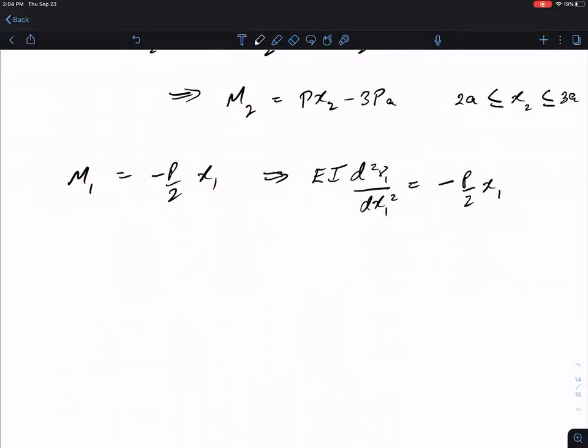And then if we integrate this equation once, we'll get EI times the first derivative. And so we just do the integral of this side, which we get minus P over 4 x1 squared plus C1, right? So we've introduced a constant because we integrated that right-hand side, and we'll call this equation 1.